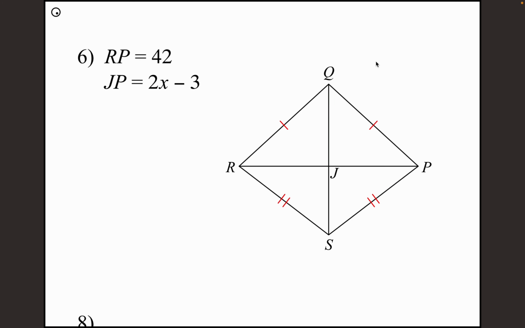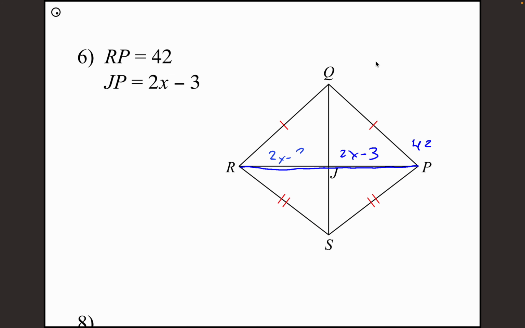Okay. It says RP is 42. That's going to be this whole length right here, so that whole length is 42. All right, JP, which is just half the length, is 2x minus 3. How are we going to set this up in order to solve? If JP is 2x minus 3, what's RJ going to be?